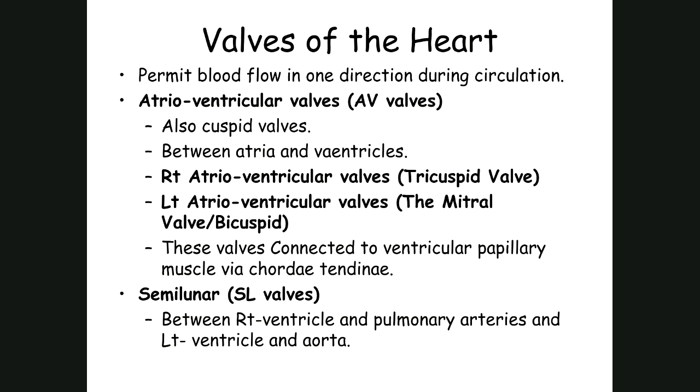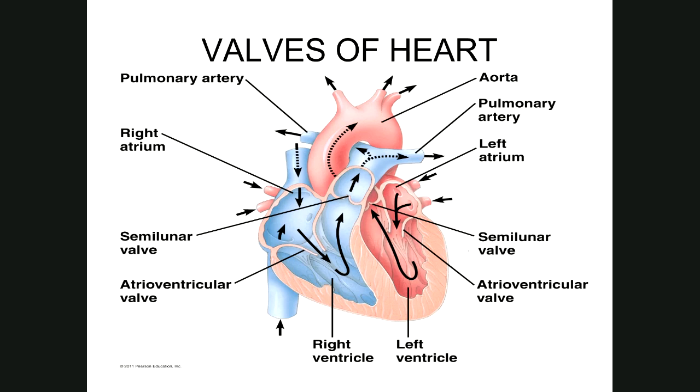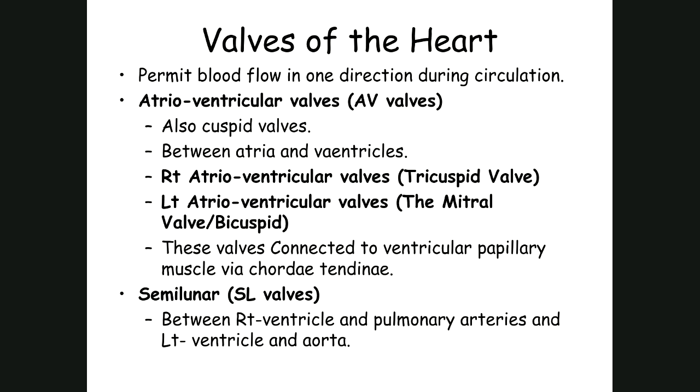next goes to the valves. So what are these valves? These are the valves, see here. What I am showing you, the semilunar valves and atrioventricular valves. Atrioventricular valve means the valves present in between the atrium and ventricle. So what are these valves?